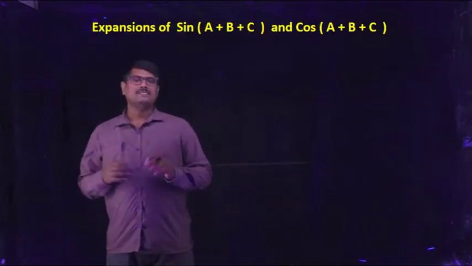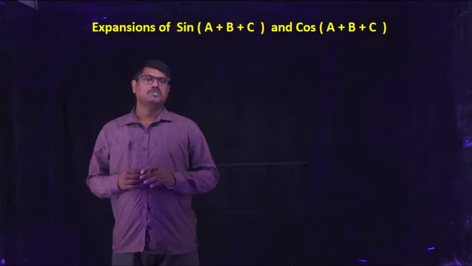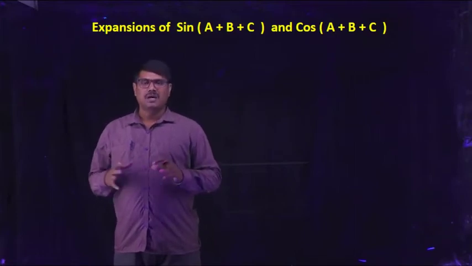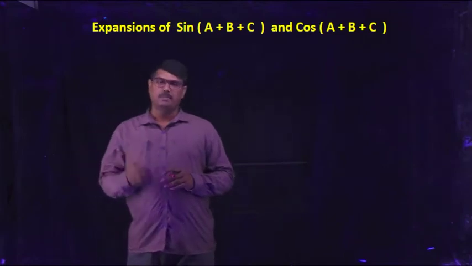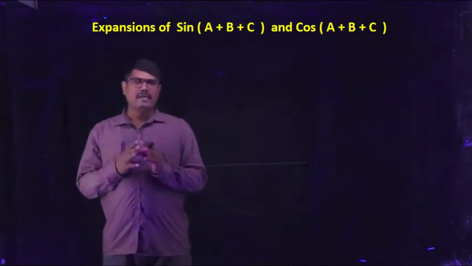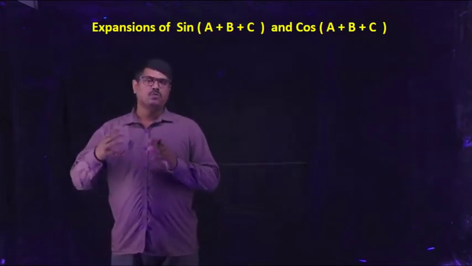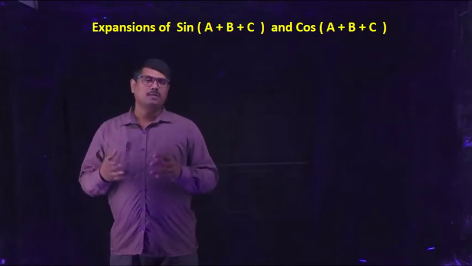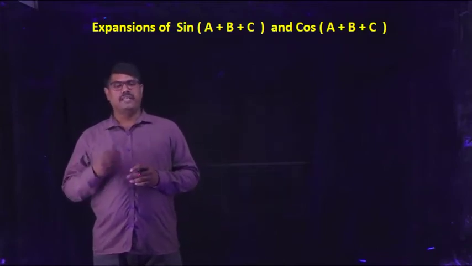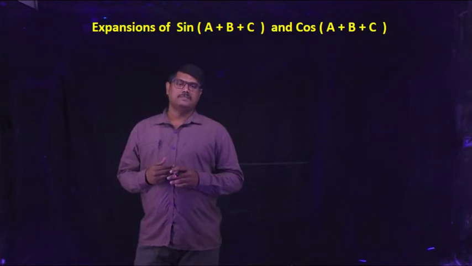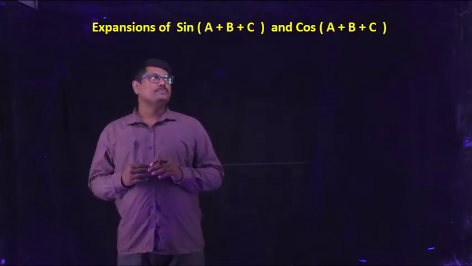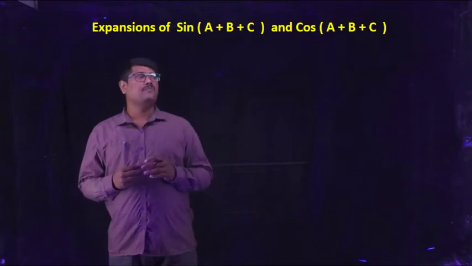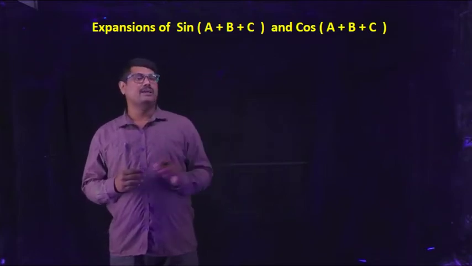Now let us try to do some expansions. Already we practiced compound angles for A plus B and A minus B. For two angles, we formed the formulas for the trigonometric ratios: sin of A plus B, cos of A plus B, tan of A plus B. Now we are going to define the concept of compound angles for three angles.